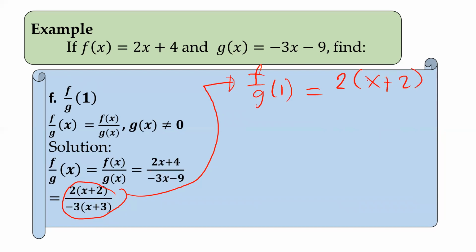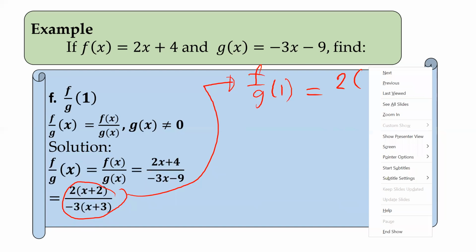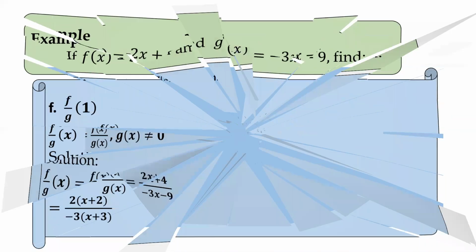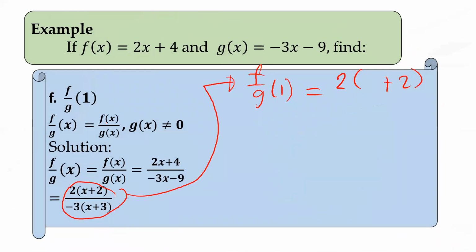Ang x daw dito papalitan natin ng 1. Papalitan natin ng 1. Over negative 3 times x plus 3. Yung x na naman dito, papalitan natin ng 1.